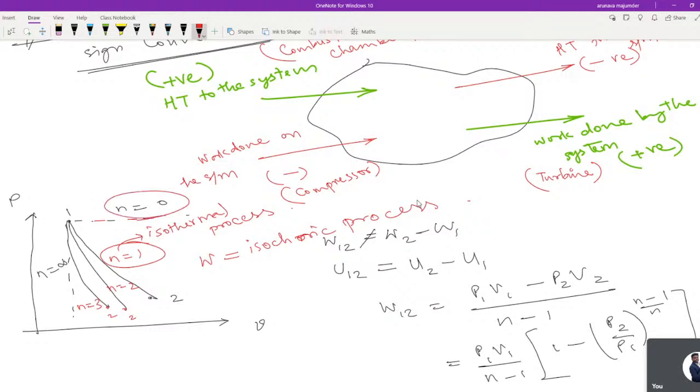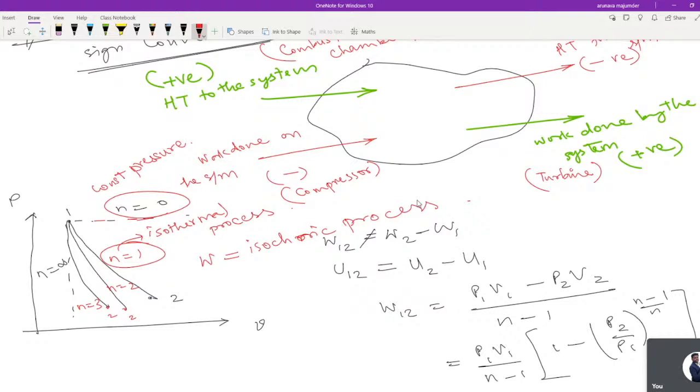n equals 0 when we have a constant pressure. When we have a constant pressure, if you substitute n equals 0 here, whatever equation you get will be for constant pressure. If you substitute n equals 1, you will get the value for the isothermal process.